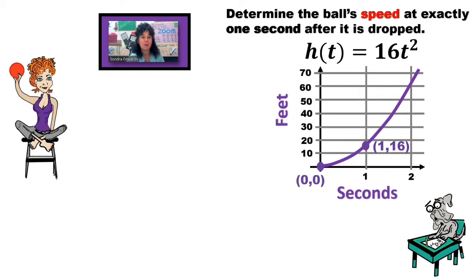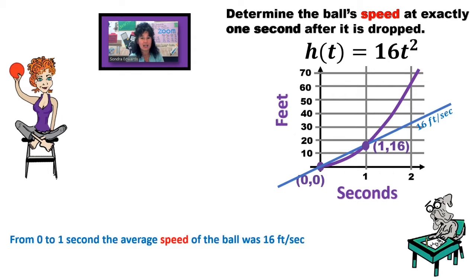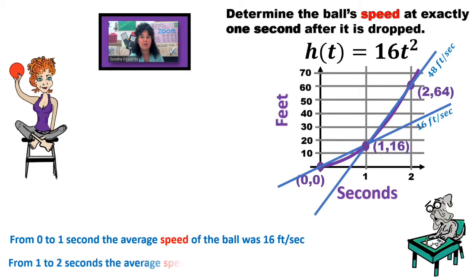We selected a point to the left of 1, 16 on the curve, and we calculated the slope of the secant line, and we found out that that was 16 feet per second. We stayed with 1 second, and then we grabbed another point on the curve to the right of that point, calculated the slope of the secant, and we ended up getting 48 feet per second.